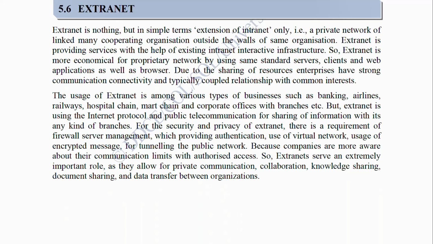The usage of Extranet is among various types of businesses such as banking, airlines, railways, hospital chains, mart chains, and corporate offices with branches etc. But Extranet uses the Internet protocol and public telecommunication for sharing of information with any kind of branches.